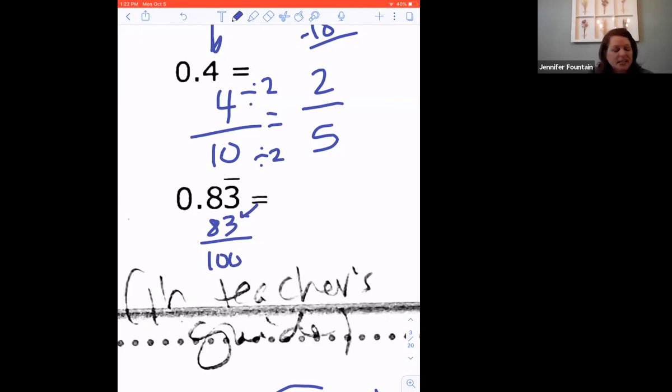So a lot of times it's much easier to go ahead and memorize these. They don't give us many repeating decimals here.